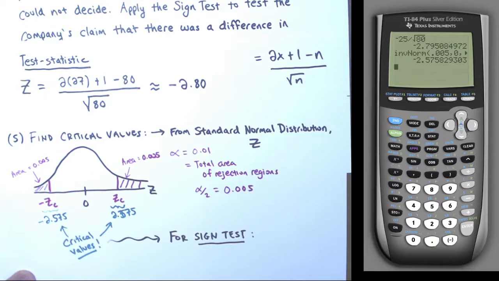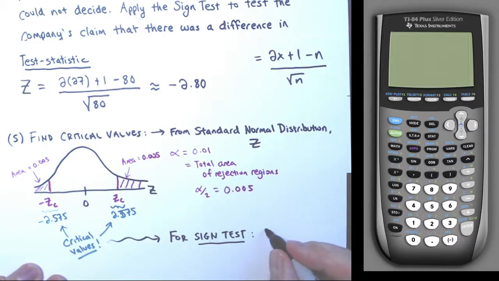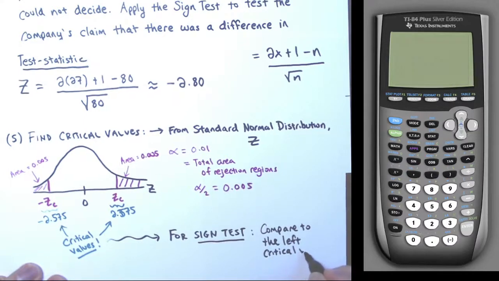Basically change this into a kind of a left-tailed test. If for some reason you chose the number of the most frequent sign, then you'd compare to the right one, right? But for the sign test, we're going to compare to the left critical value. Z equals negative 2.575.